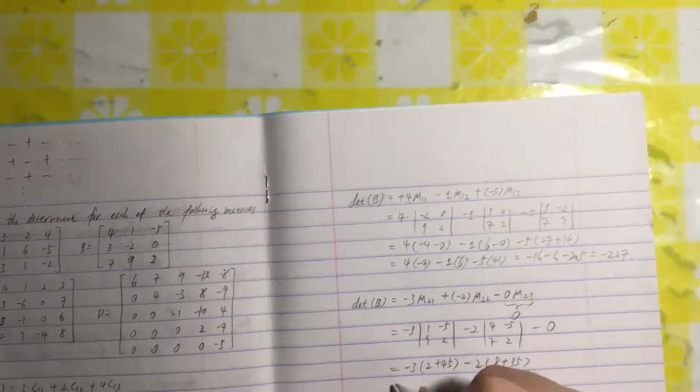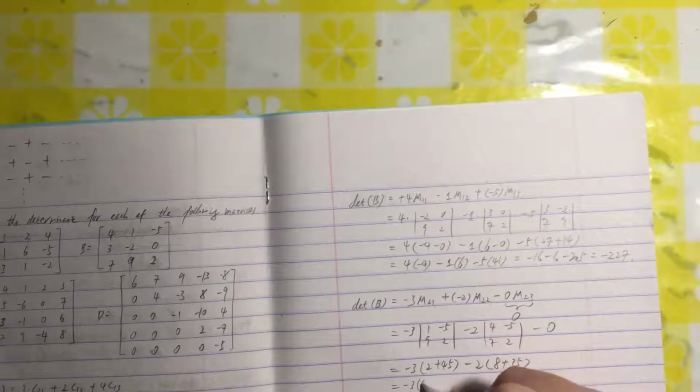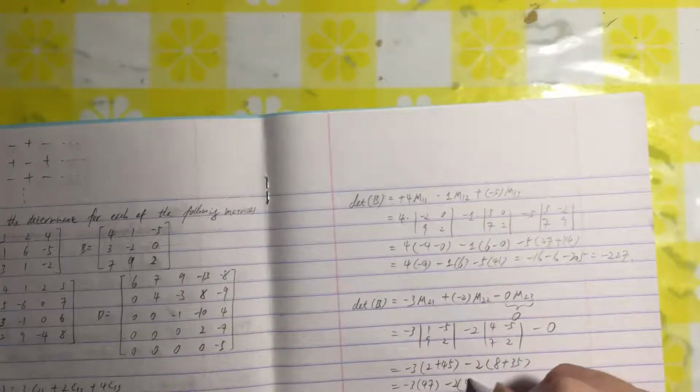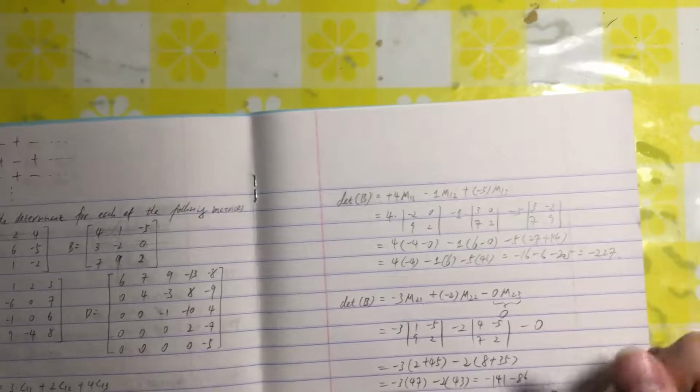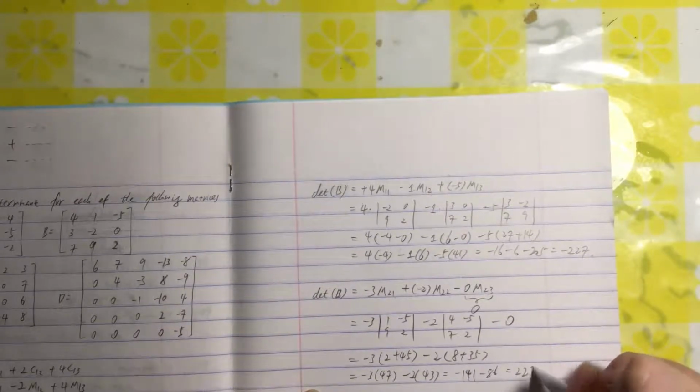Together we have negative 3 times 47 minus 2 times 43. Negative 3 times 47 is negative 141. 2 times 43 is 86. It's negative 86. Together we have negative 227.